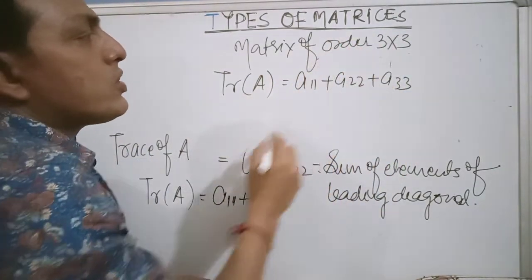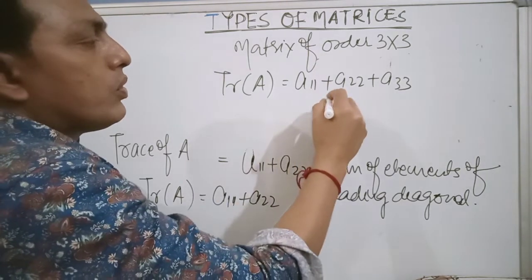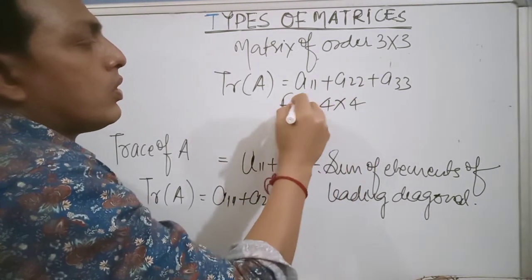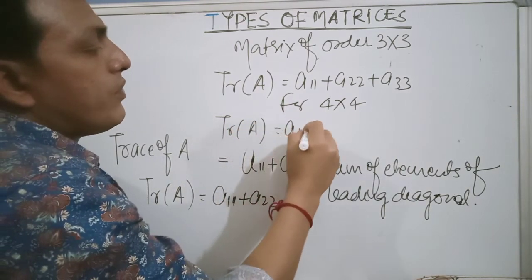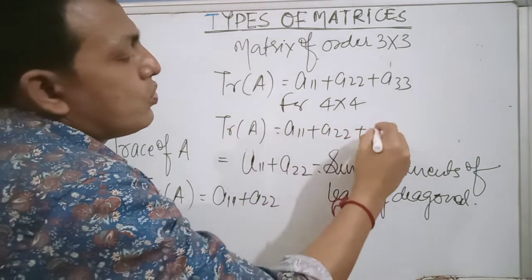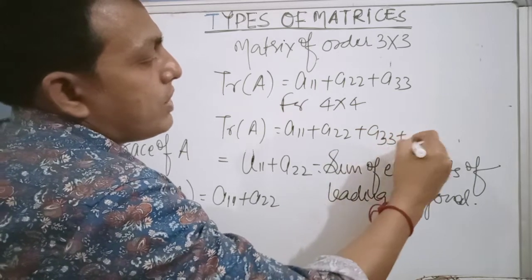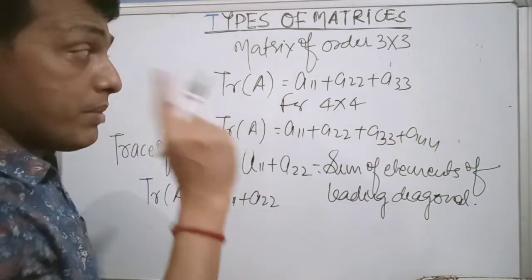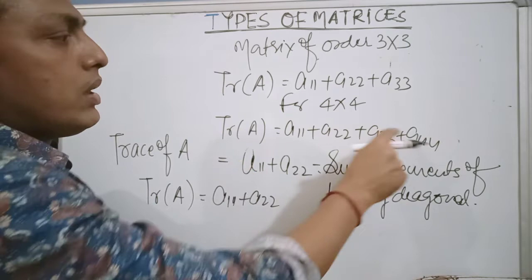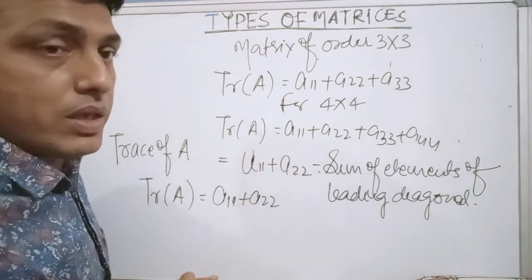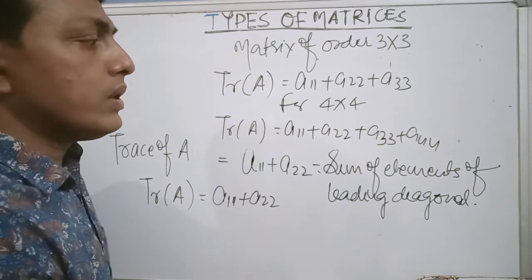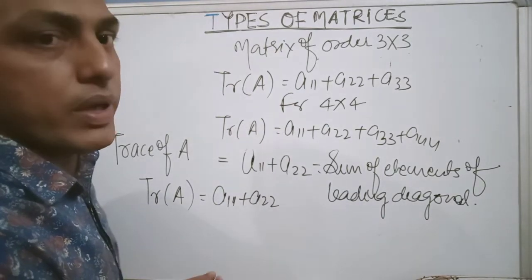If we have a matrix of order 4 by 4, the trace of the matrix will be A11 plus A22 plus A33 plus A44. But remember, the matrix should be a square matrix. Correct? So this is a term related to square matrix.